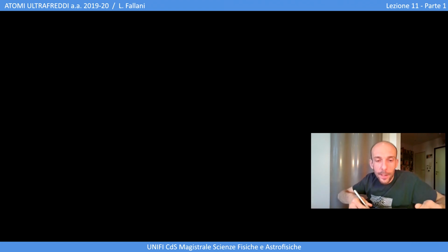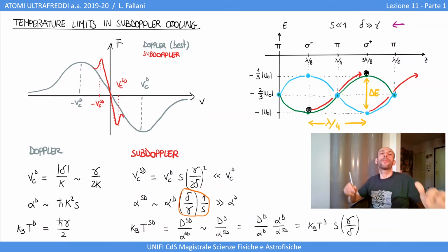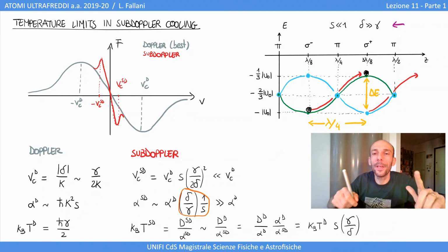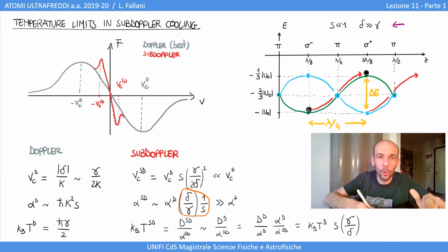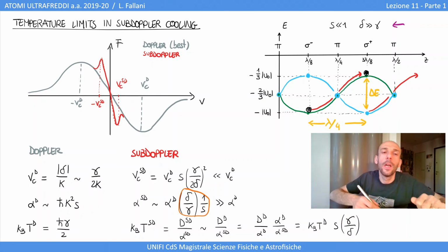So this ratio is S times gamma divided by delta. But again, in the parameter regime you are working in, S is a small quantity, so this is much less than 1, and this is also much less than 1 because the detuning is large, and so this temperature is much lower than the Doppler temperature.